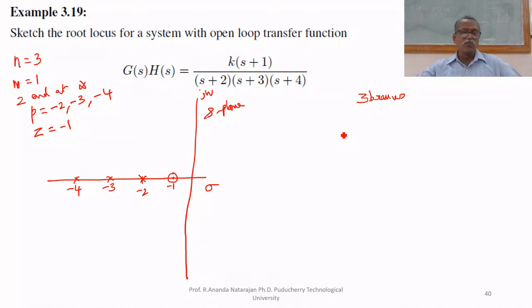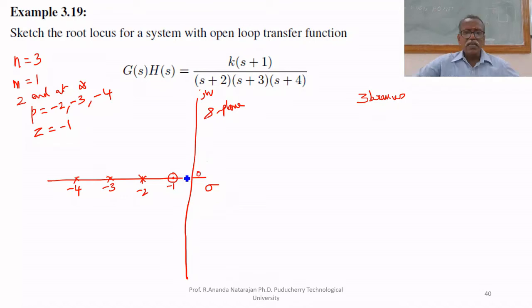Then third rule says, what is third rule? A point on the real axis, whether it is on the root locus or not. If you select any point between -1 and 0, is it on the root locus?